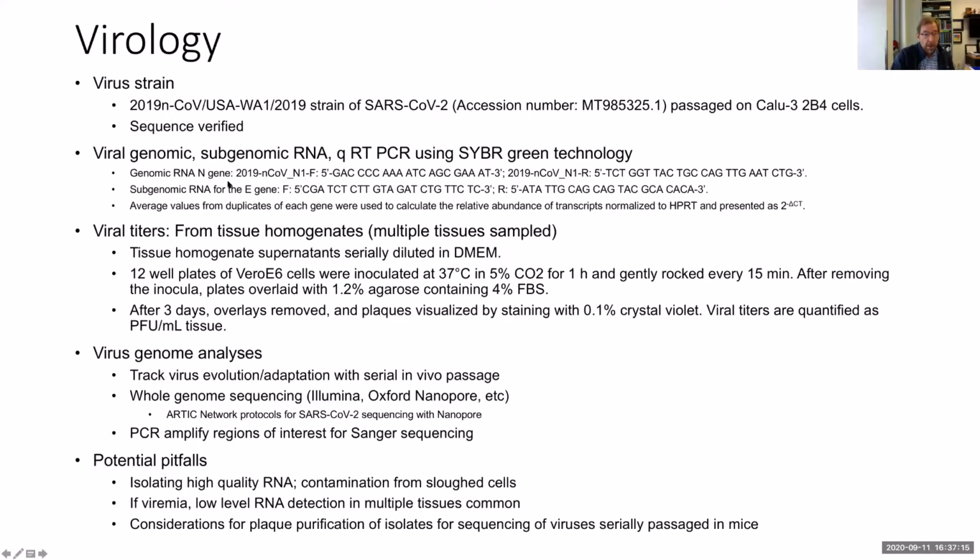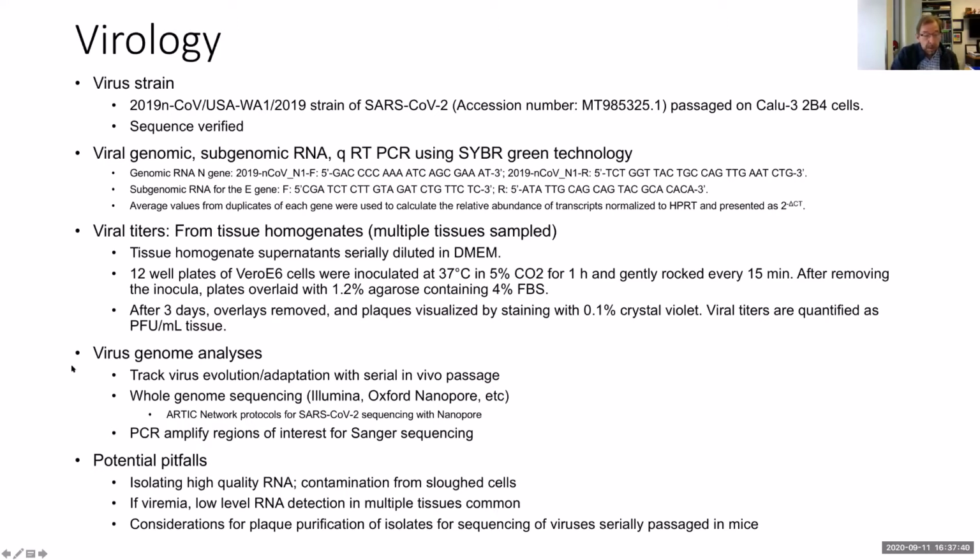We've got primer sets for genomic and subgenomic RNA, and we've used PCR to look at that as outlined here. We've also titered multiple tissues. I have an example of that on the next slide. And this is pretty much the methods that we've used.